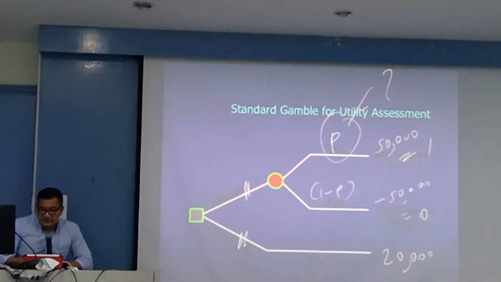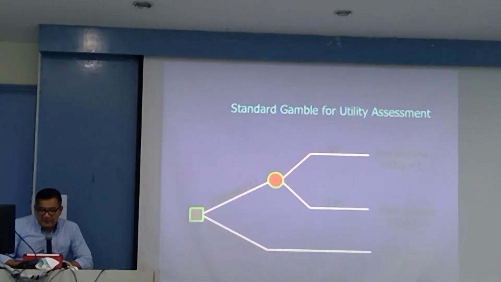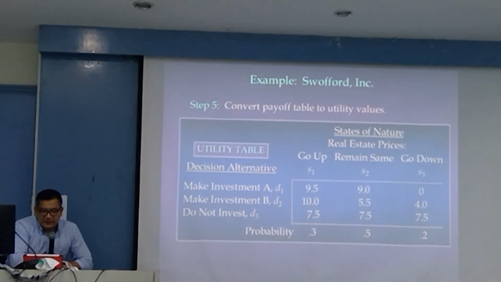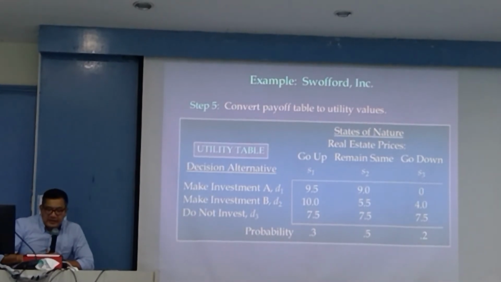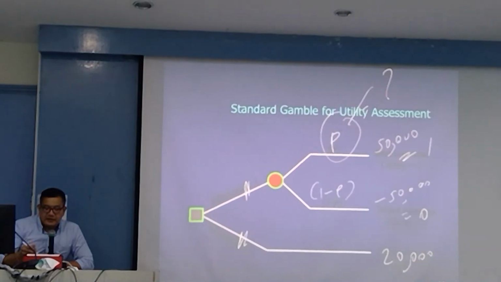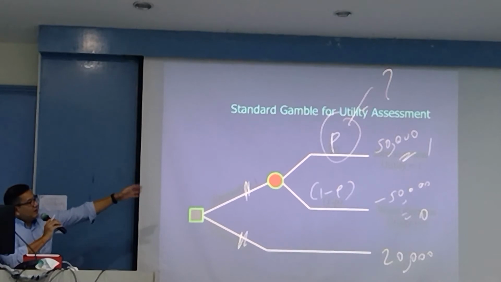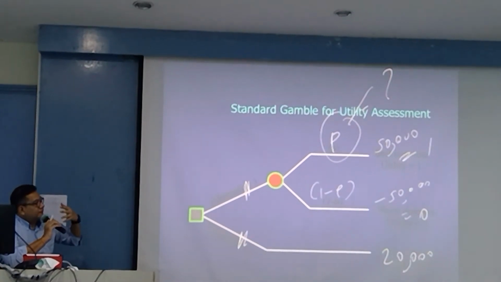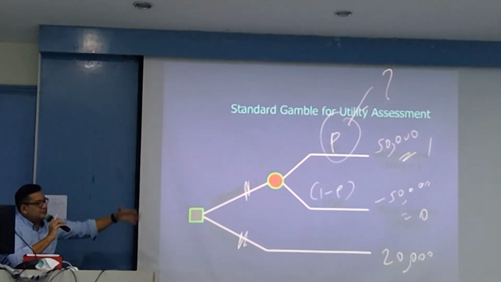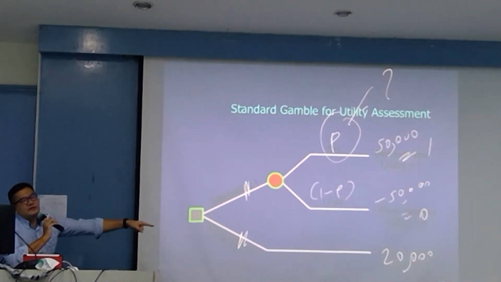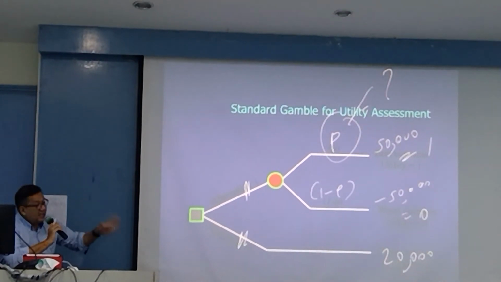So in this case, based on my example, you might think that, okay, a 90% chance of getting the best payoff, probability of P maybe 90%, makes you feel that these two alternatives are indifferent. So then the utility value of the monetary value 20,000 will be equal to 9.